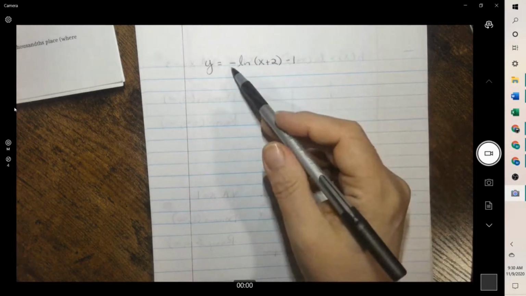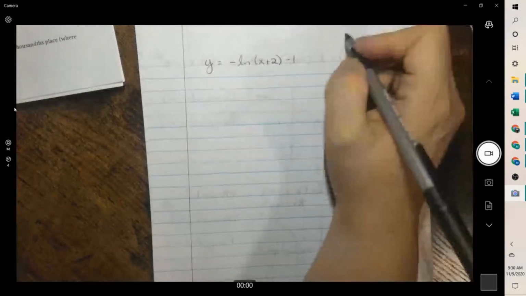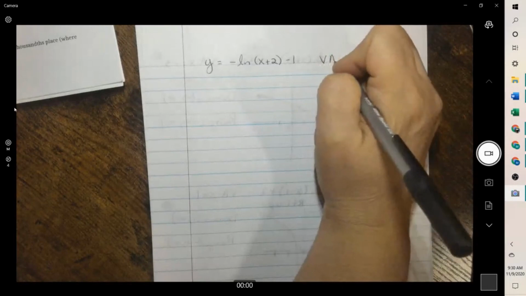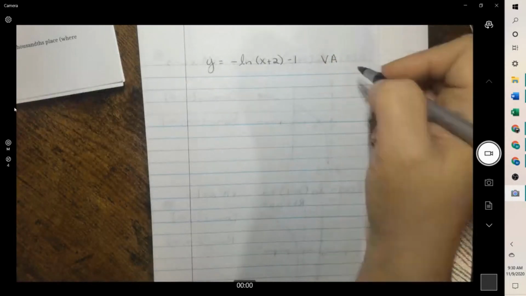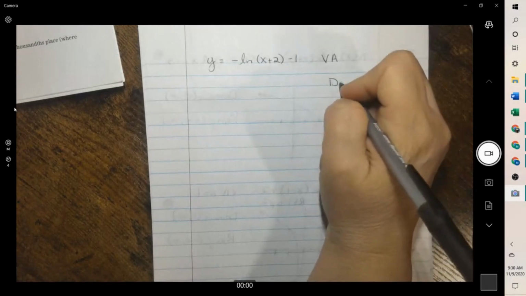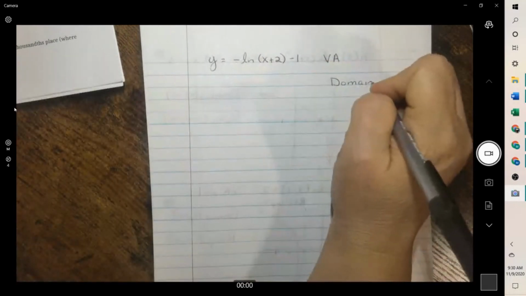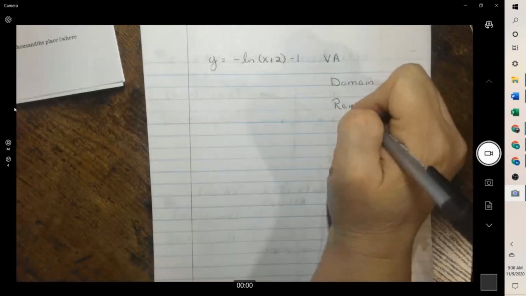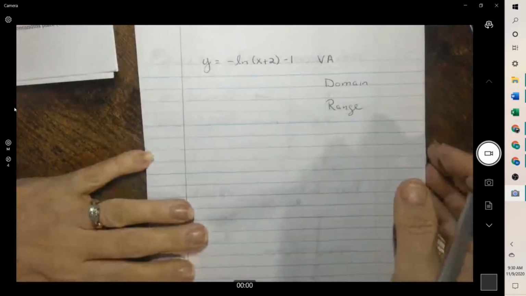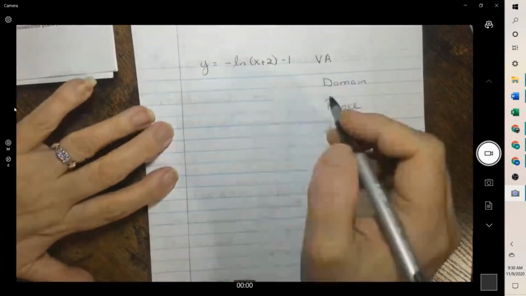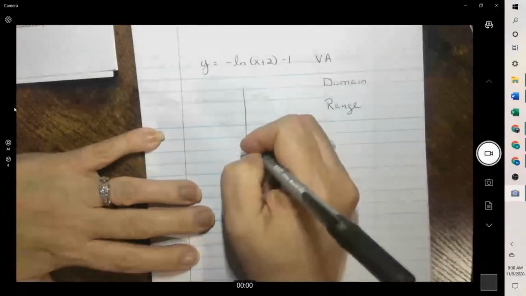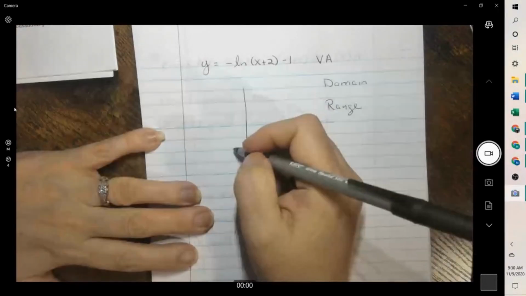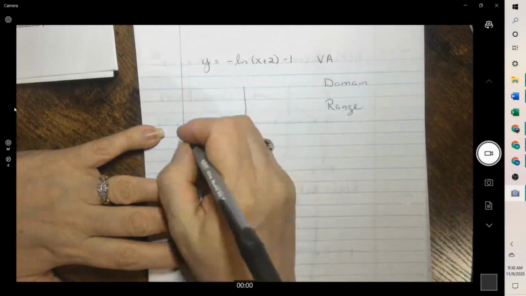How does this negative in the front move it? Or flip it, I guess I should say. What it does is flip it over the x-axis.